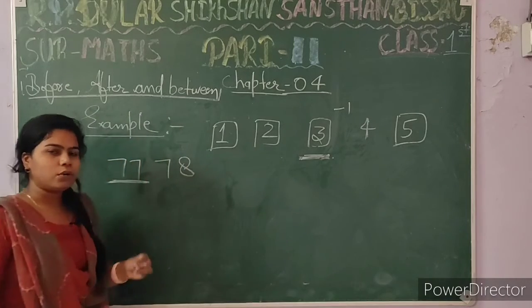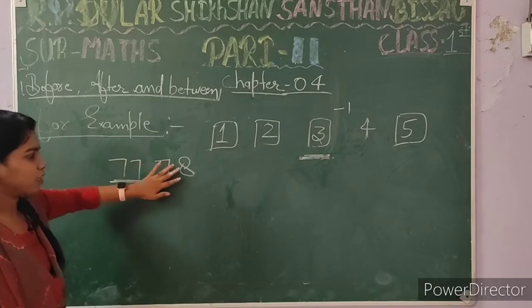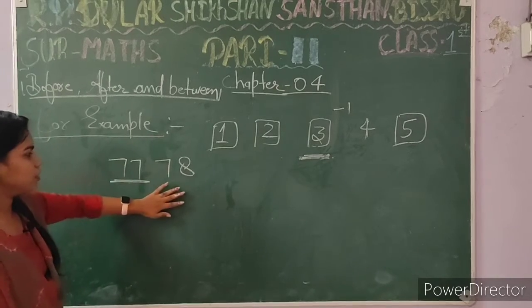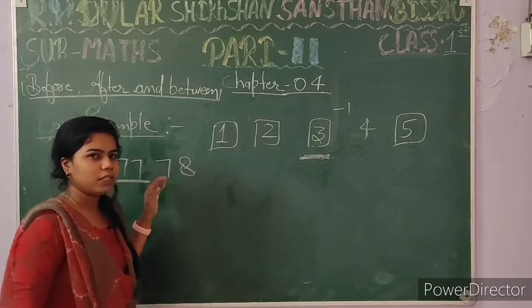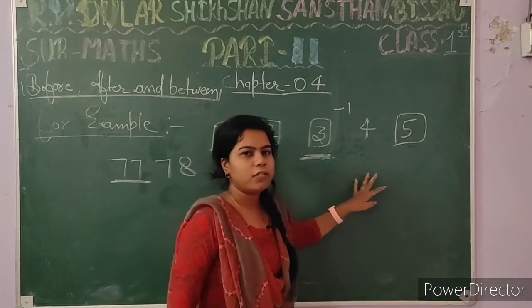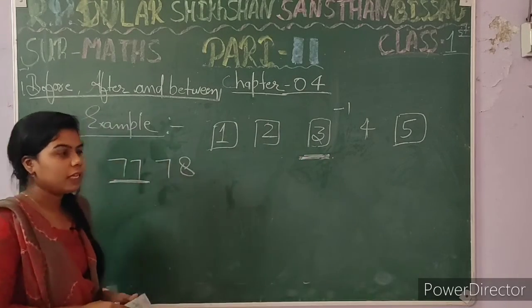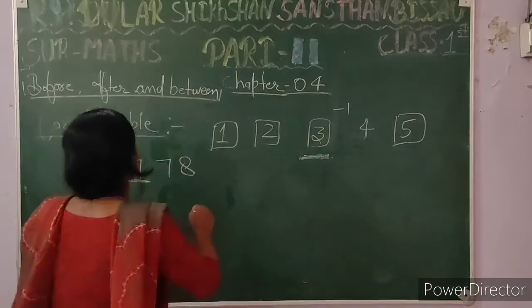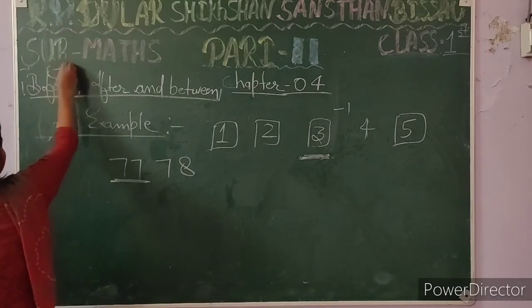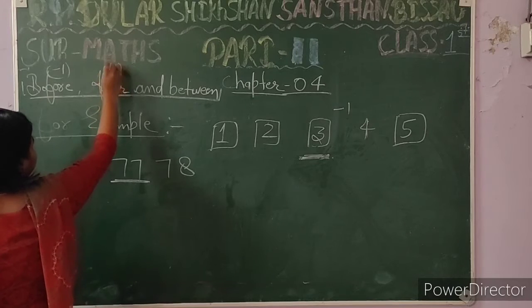So students, I tell you a short trick: if the word before comes in the question, then you use -1. If the word after is used, then you use +1. Always remember: before -1, after +1.